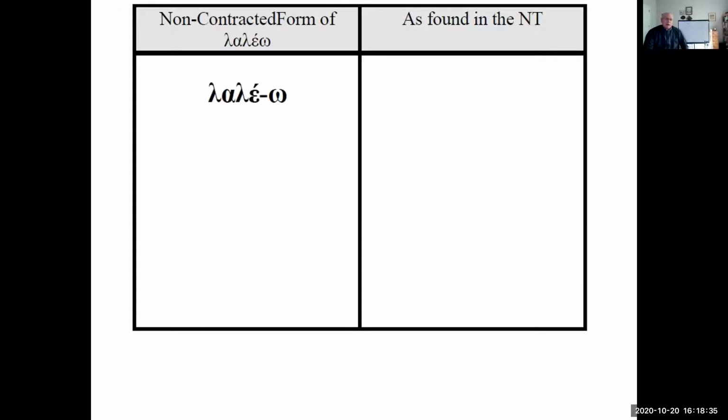In earlier times, there was a difference between laleo and lego, I speak. Laleo would be more the verb for the sound of the speech rather than emphasizing what was being communicated, whereas lego, which we have already met, and from which the word logos is derived, would convey more the meaning of the speech.